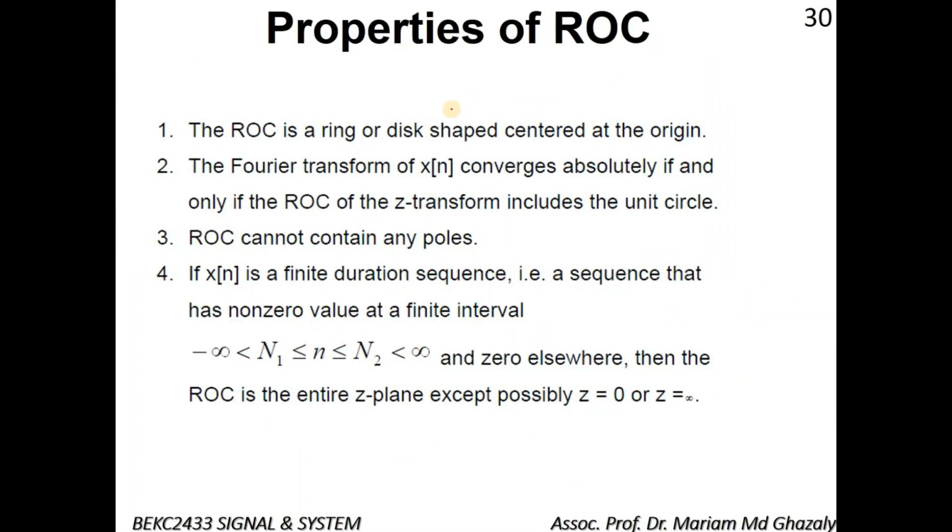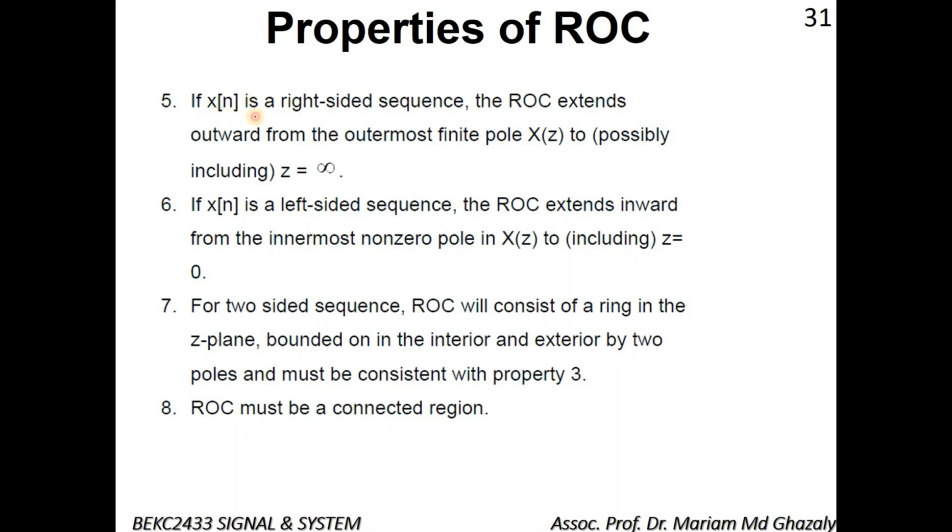This one is just the properties of the ROC, so you can just read it. The ROC is a ring shape centered at the origin. If you have a right-sided sequence, the ROC extends outwards. I already summarized that.